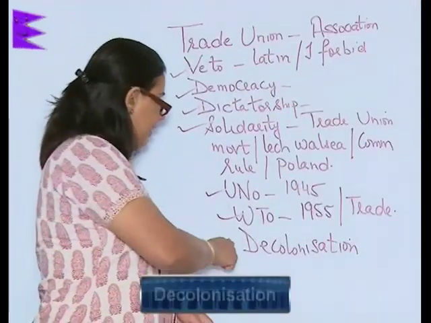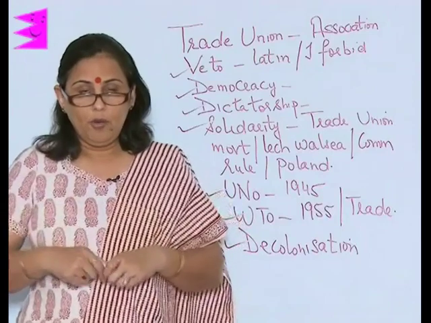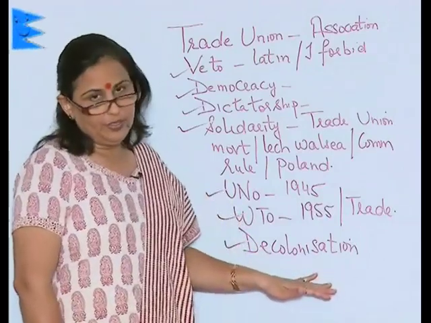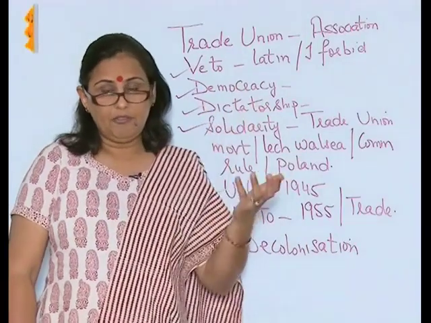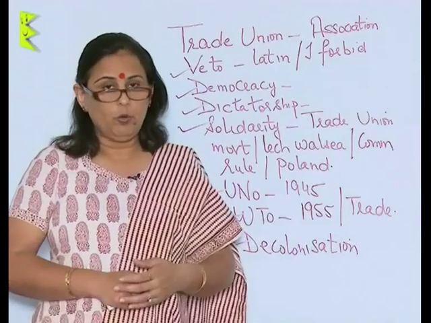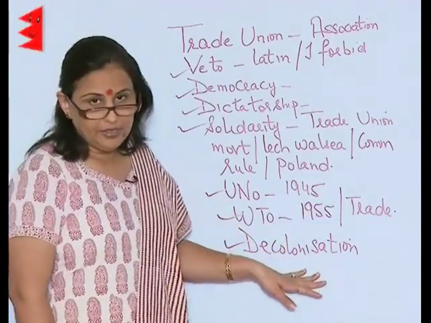Next is decolonization. The word opposite of colonization is decolonization. If there was an era of colonization when actually the Industrial Revolution took place, then came the era of decolonization.